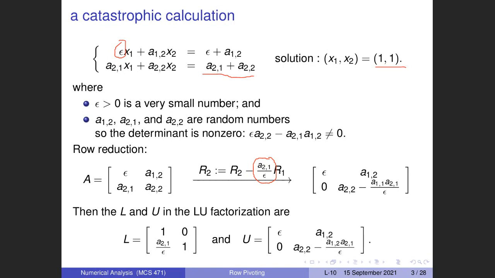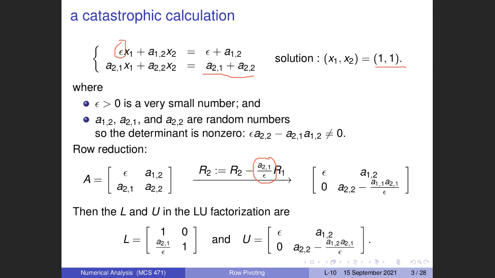So you can verify, this is a perfectly valid operation. Epsilon is not 0. So we can do this.